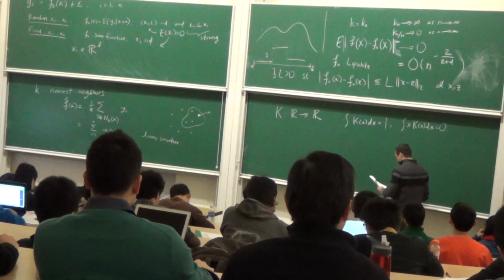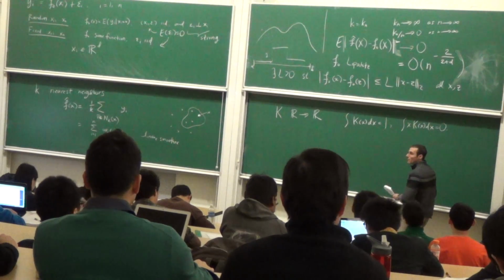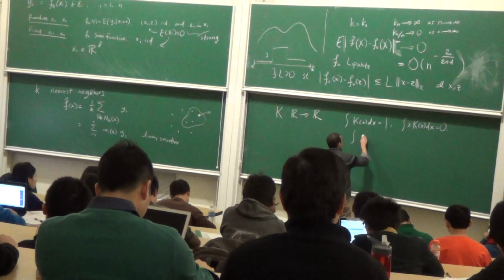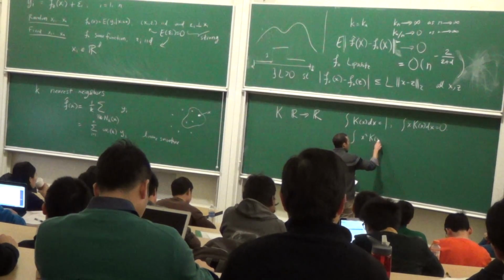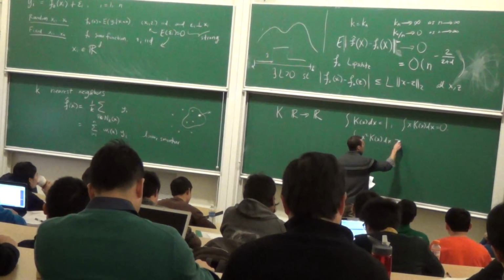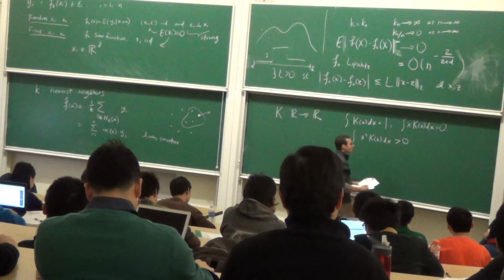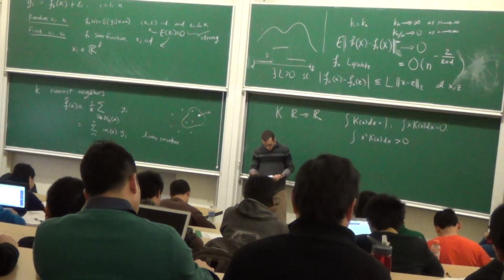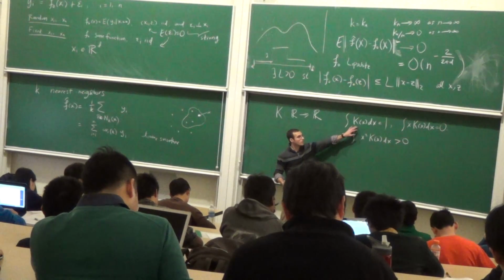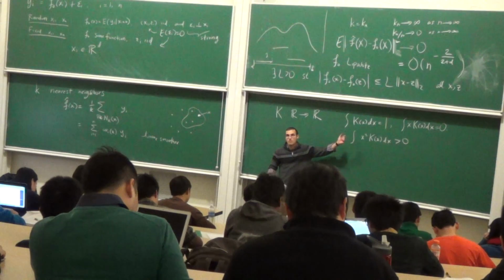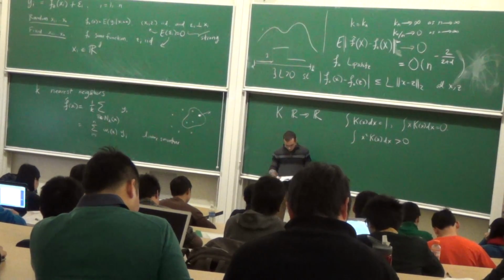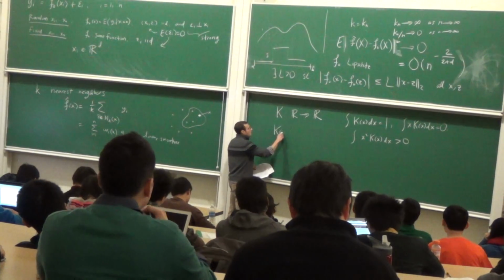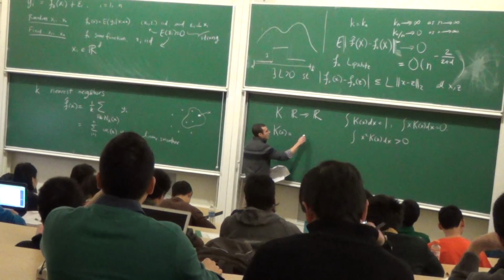The integral of x K(x) dx is 0. And the third property is that the integral of x squared K(x) dx is bigger than 0, and it's also finite. We can think of K as a probability density function of something that has mean 0, for example, and this would be its variance. Some common examples are the Gaussian kernel.